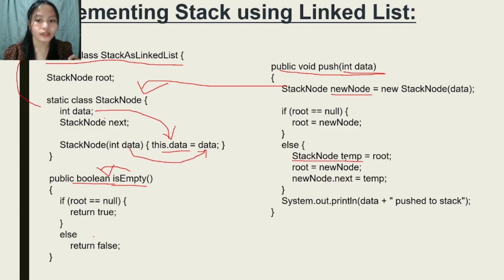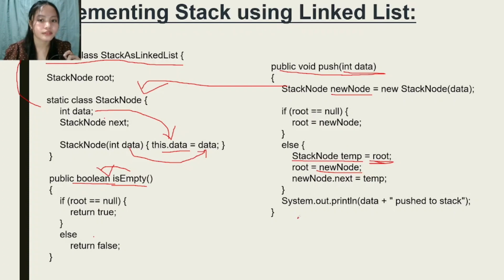So our temp will point to our root, and then our root will point to our new node, and then the new node's next is equal to temp, right? This block of code creates a new node.